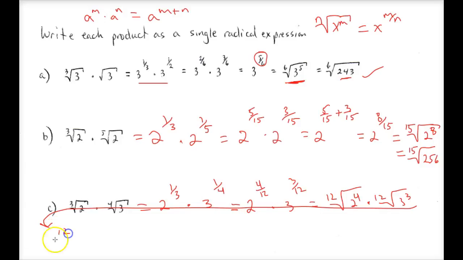So that would be the 12th root of 2 to the 4 times 3 to the 3. And of course, here that would be the 12th root of 16 times 27. And 16 times 27 is 432.